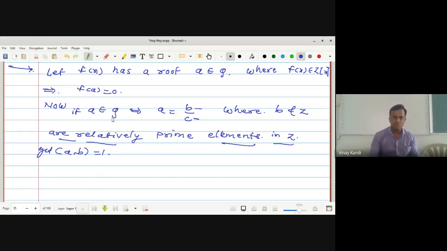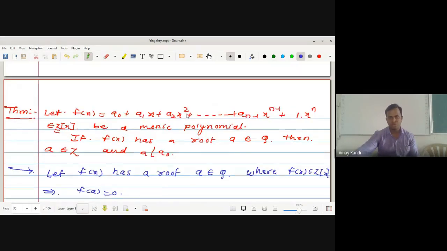Okay, if a belongs to Q then what is the form of a is equal to b upon c, where b and c are relatively prime elements in Z and GCD of b, c is equal to 1. Okay, thus we have f of a is equal to 0. What it implies? What is the value of a? f of b upon c is equal to 0. Okay, now put in place of x, b upon c in the given polynomial f of x, this one.